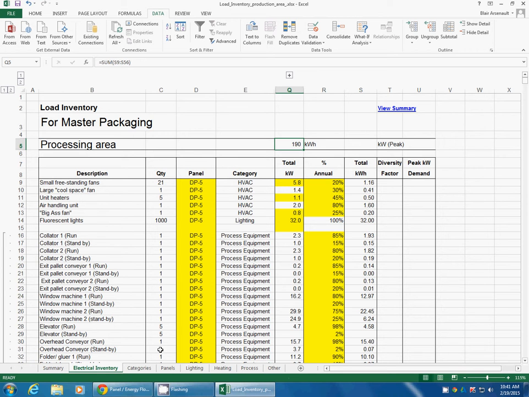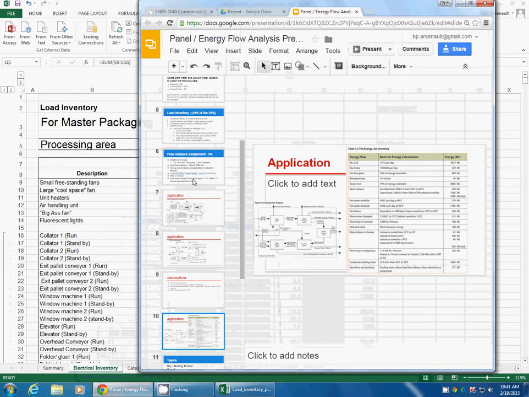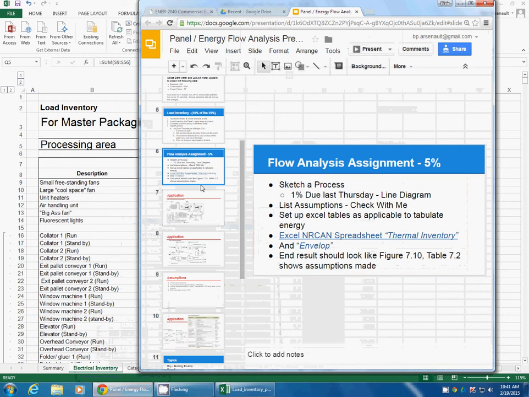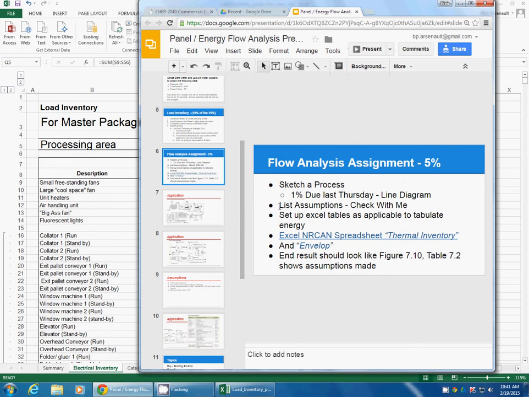The plan for today, and you'll notice this is due Sunday, I'm devoting the rest of this period to working on the wrap-up of your flow analysis assignment. It's worth 4%. We did the process sketch last week. Your next step is to list your assumptions: temperatures, flow rates, etc. You need to come up with assumptions for now.